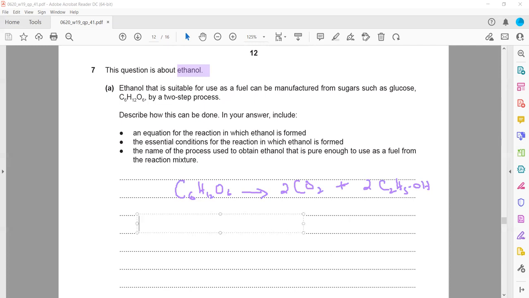Anaerobic respiration, so it means in the absence of oxygen. Anaerobic here means no oxygen should be there, around 25 to 30 degrees centigrade, in the presence of yeast.